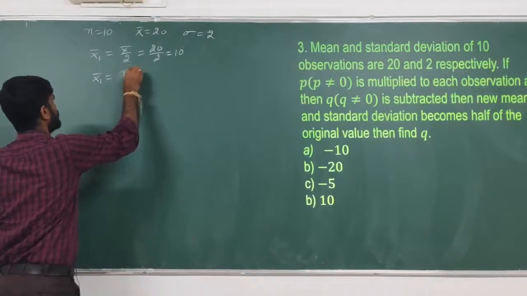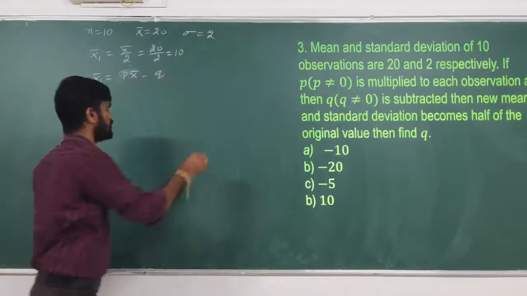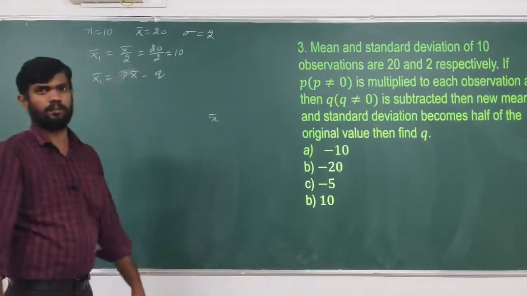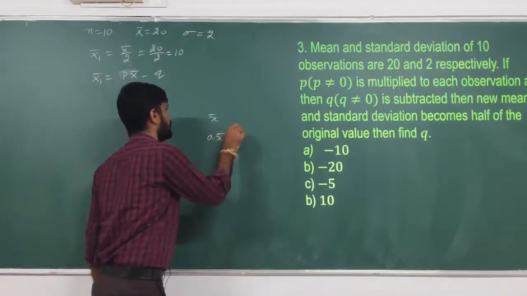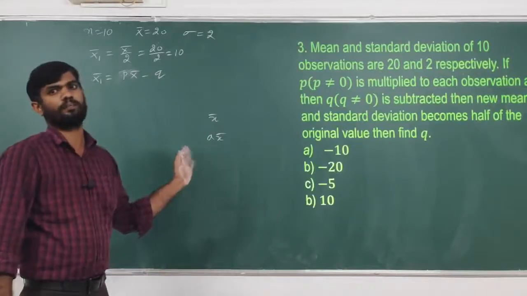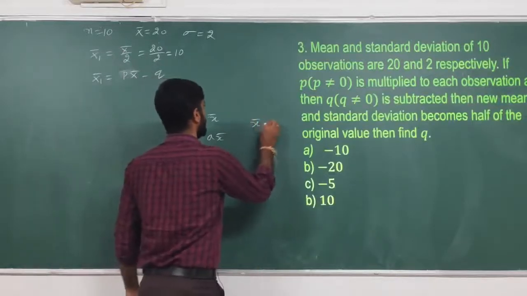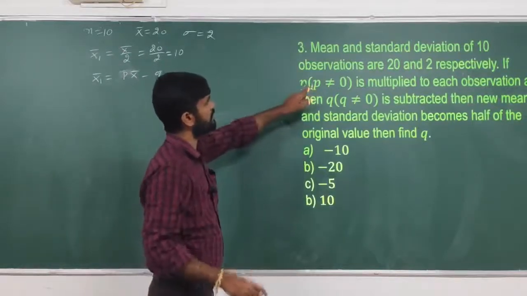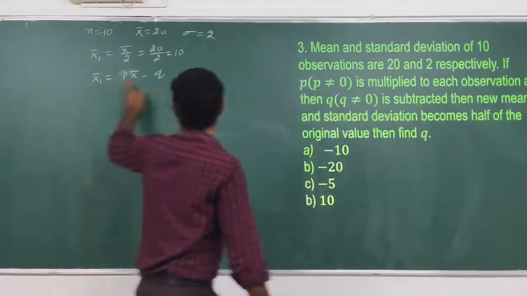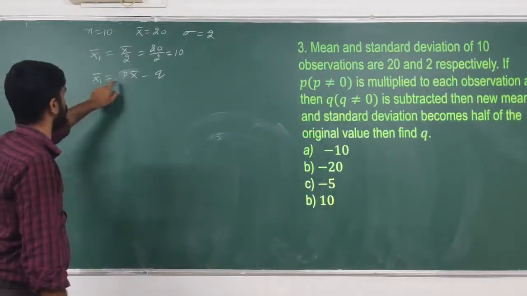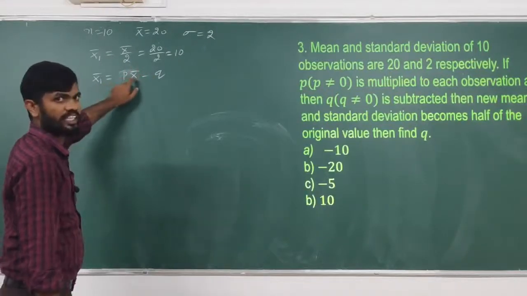Suppose x bar is the mean, if each observation is multiplied by a, then the new mean is a into x bar. If we add or subtract a constant from each observation, then the new mean is x bar minus a. Here every observation is multiplied by p and subtracted by q, so the new mean x1 bar becomes p into x bar minus q.